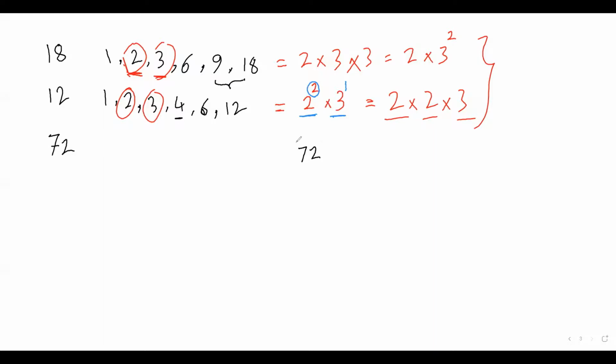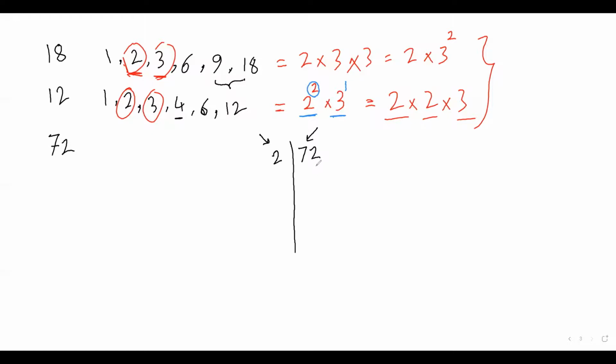So draw a vertical line. You can do that next to it, either left or right, it doesn't really matter. And then start dividing by prime numbers, starting with the smallest. So the smallest prime number that exists is 2, and you write that here on the left. On the right, you write the number itself. On the left, the smallest prime number which can be divided exactly into 72.